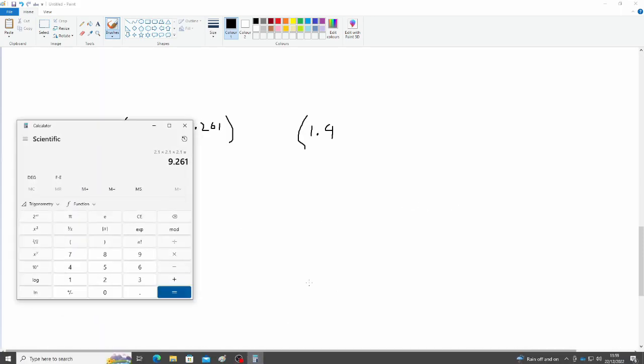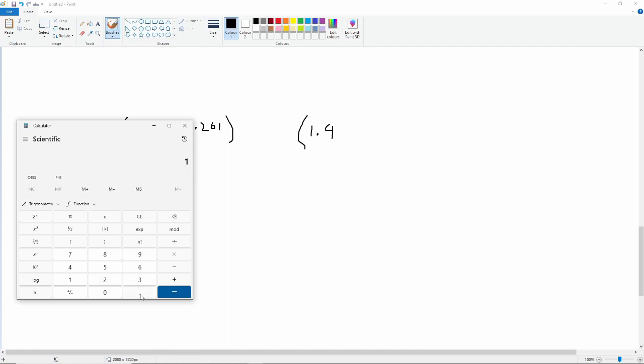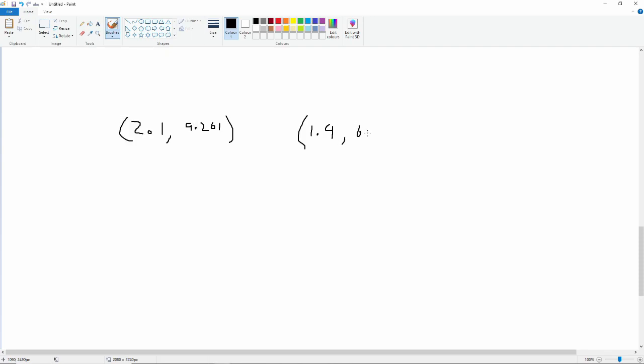And then 1.9 times 1.9 times 1.9 is 6.859.